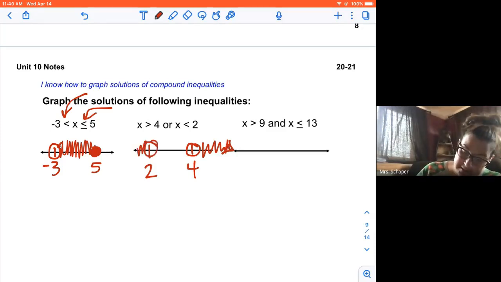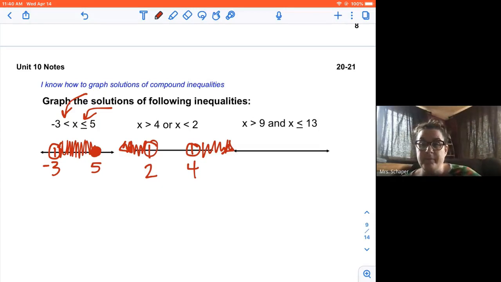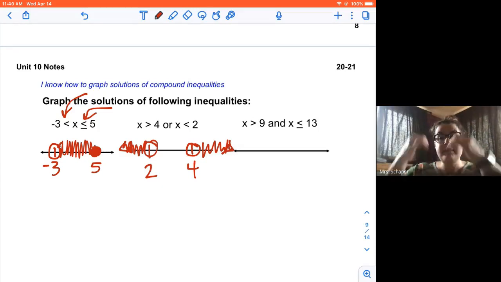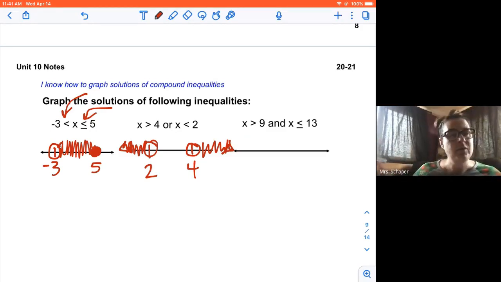So when we have an or statement, they're apart, and statements are together. Typically, the and statements won't have the word and in them. They're just going to be joined together as it is in the first example. Sometimes we will have the and statement in between, like we have here.